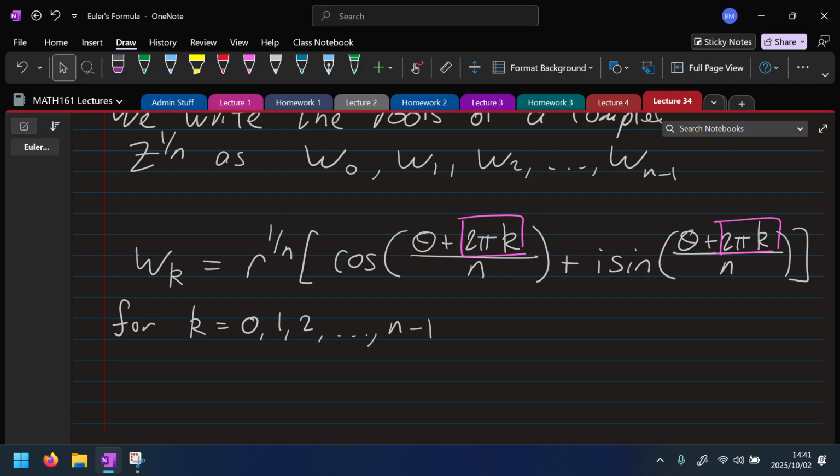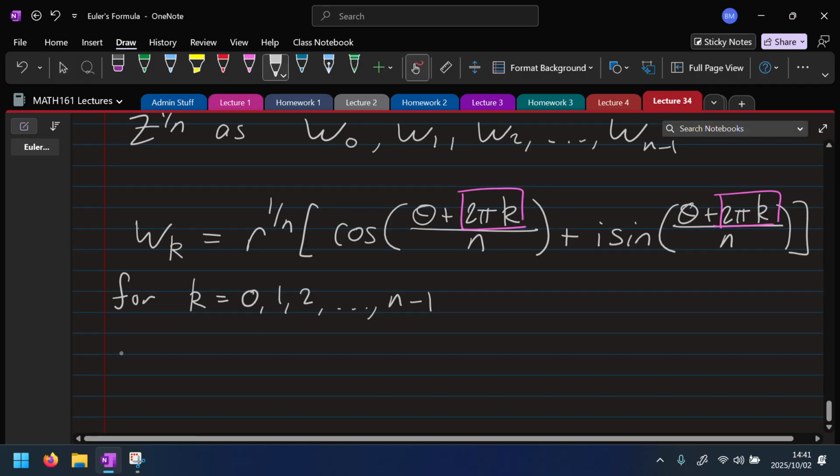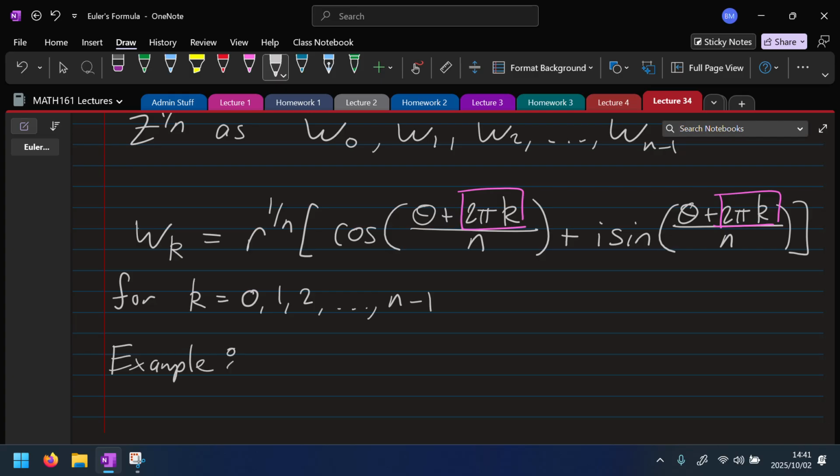Okay, so example. Find the 3 cube roots. So it will always go together. If it's cube roots, there's 3. If it's square roots, there's 2. So it always goes like that.